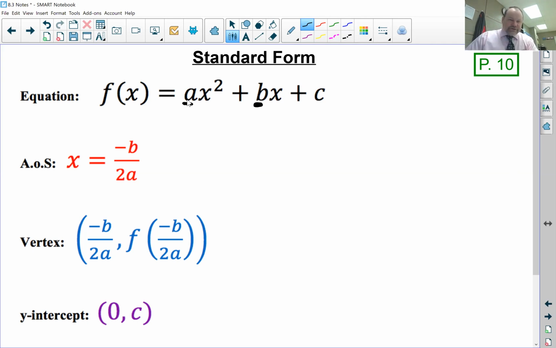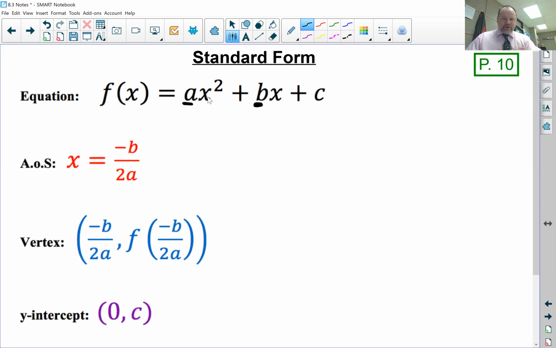That'll give us the equation for the vertical line for our axis of symmetry. To find the vertex, then, we take that x value and plug it into our function to get the y value, or the f of x value.